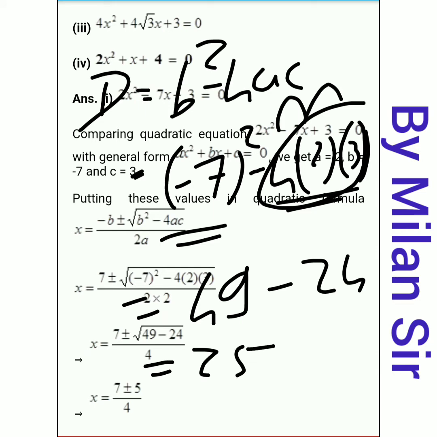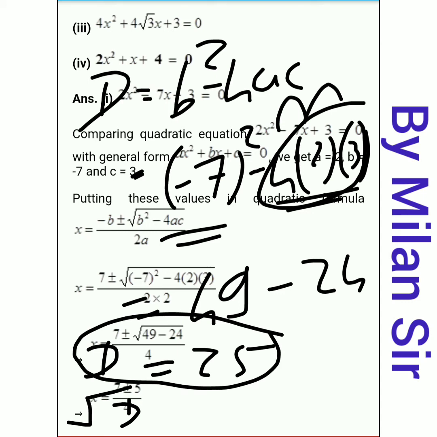But in the formula we want under root d. This is the value of d, right? But we want under root d, so we need to take the square root on both sides. On the left hand side, the square root of d is under root d, and on the right hand side, the square root of 25 is 5.